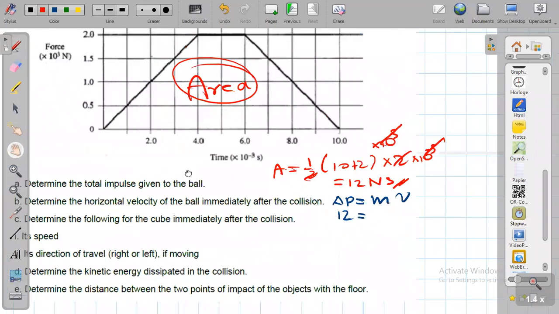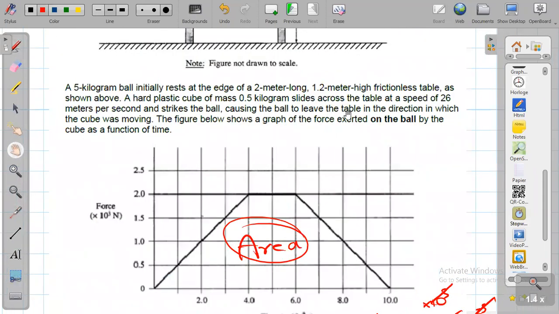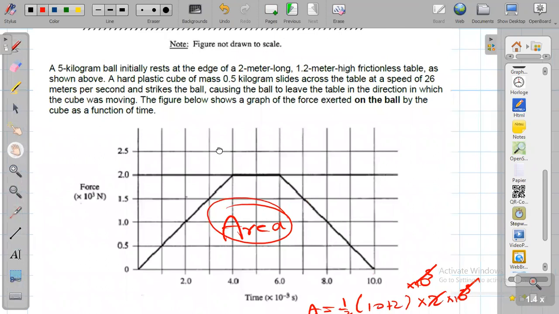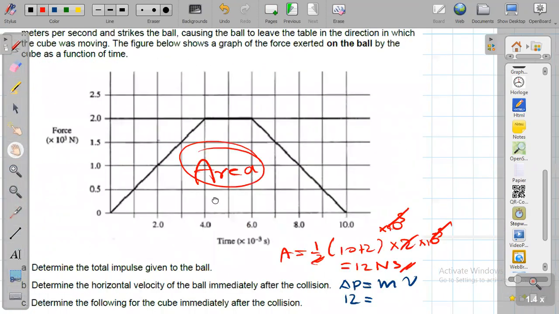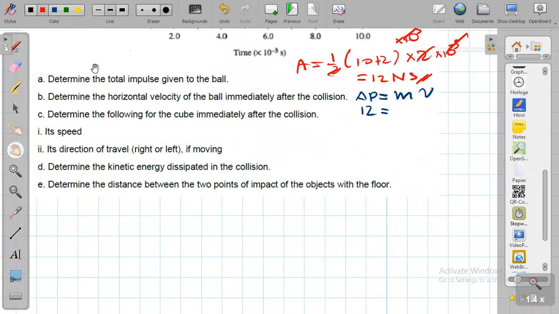Let me read that one more time. 5 times v equals 12, so v equals 12 over 5. That means 2.4 m/s is the velocity.